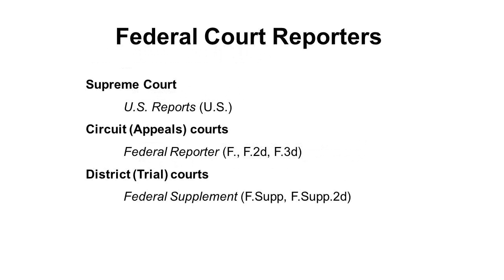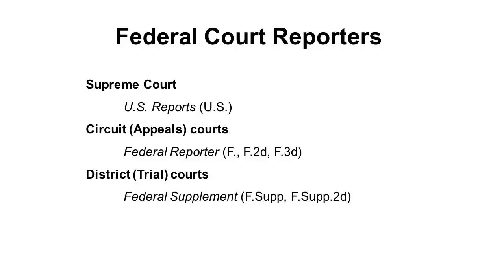And so I mentioned that reporters are generally speaking going to have just one court or one series of courts in them. And this slide shows us our essential examples of what the reporters are for the federal court system. So the Supreme Court, we will find it in a series of books called U.S. Reports, which is abbreviated U.S. That abbreviation will become a little bit more important to you here coming up.